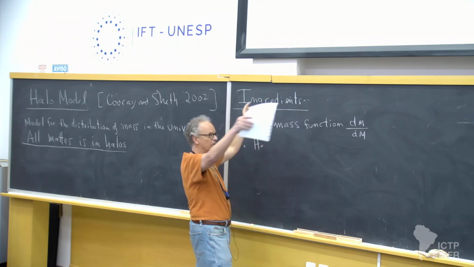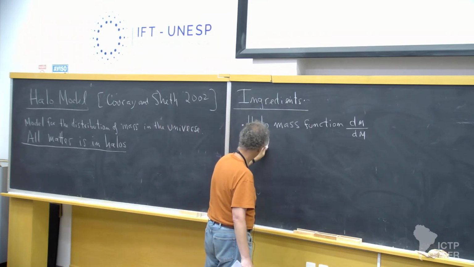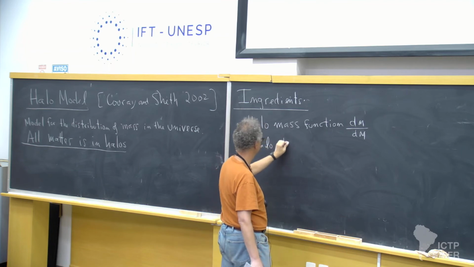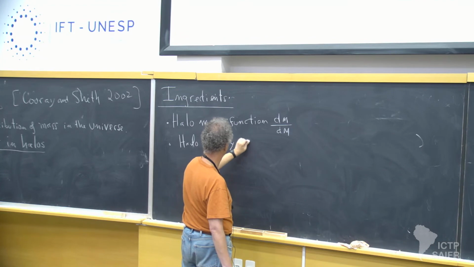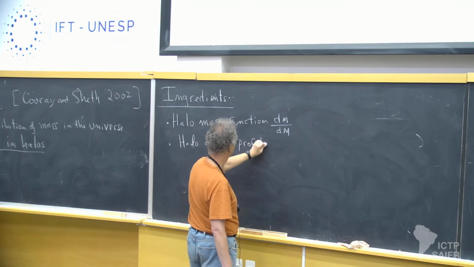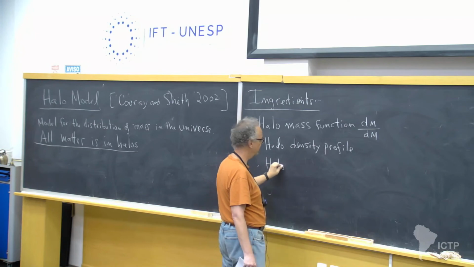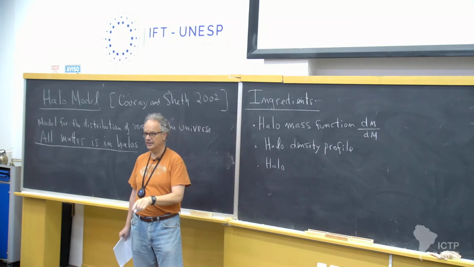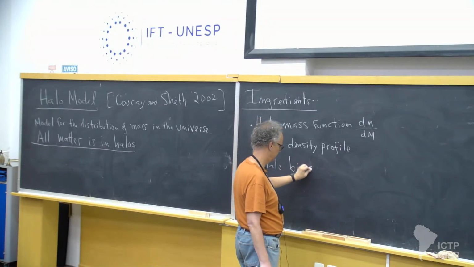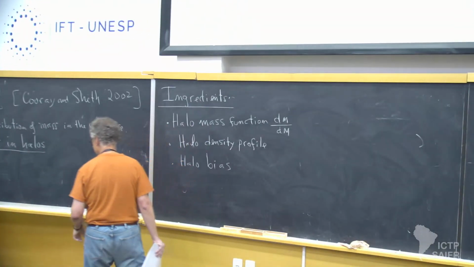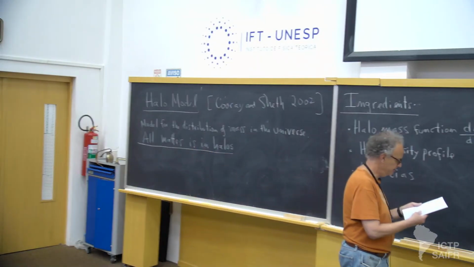This is how halos are distributed in the universe. This is how mass is distributed in one halo. And in principle, we also need the halo bias to relate halos to matter.